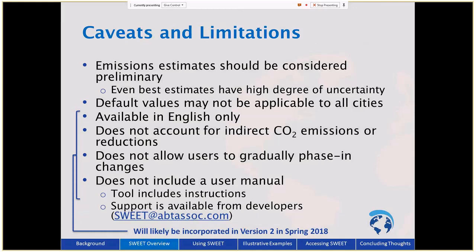So the EPA is considering putting out a version 2 in the spring of 2018, and some of these limitations listed here may be addressed in that version 2. In particular, the user manual. We think that's going to be a really valuable addition for version 2.